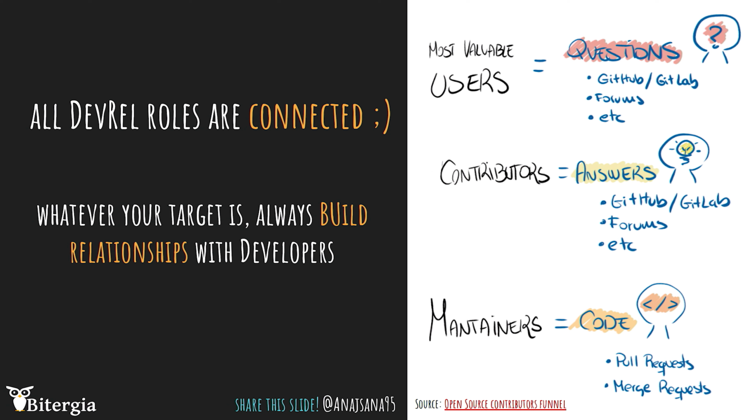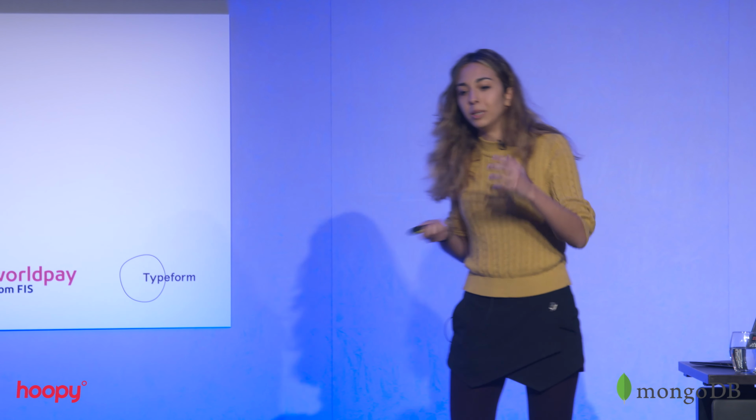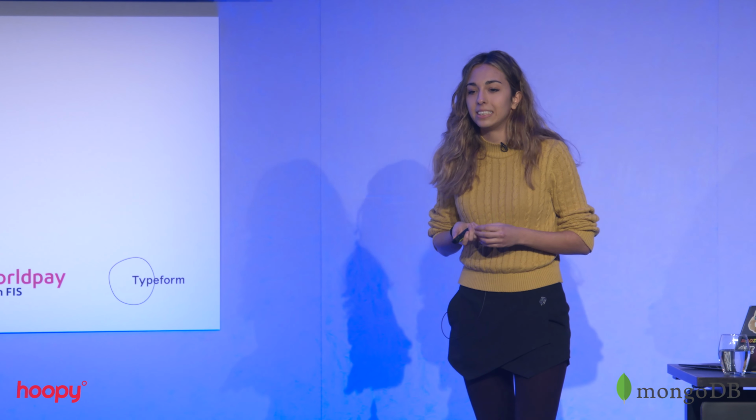And this is from the open source contributors funnel. I'm not saying we should build a funnel, trying to get users to contributors to maintainers. That's not the idea, because you can just see your developers as, I just want to get users, and that's fine. But you need to know the type of community you have.